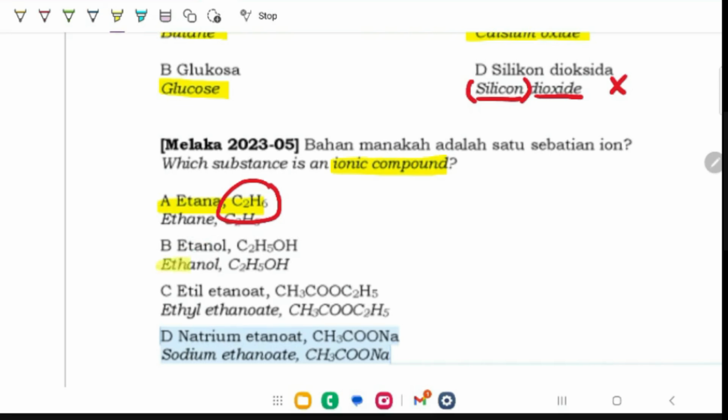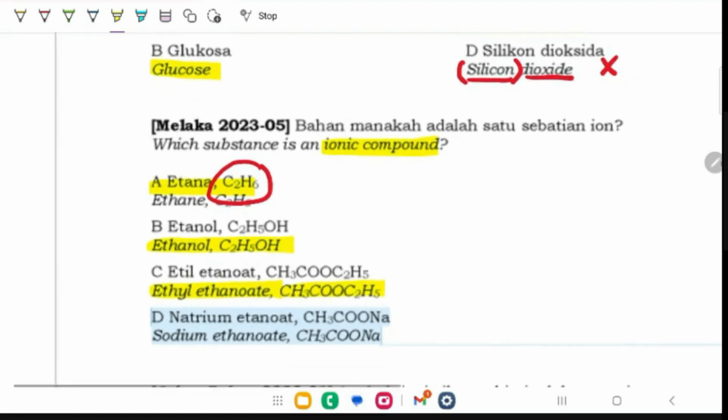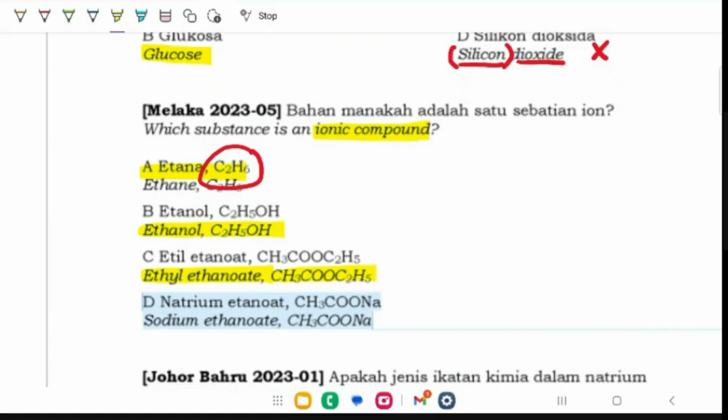Ethanol is also covalent. You see here, all are non-metal. Ethyl ethanoate, although two words, is all non-metal. You see, carbon, hydrogen, oxygen, all are non-metal. So they are covalent.